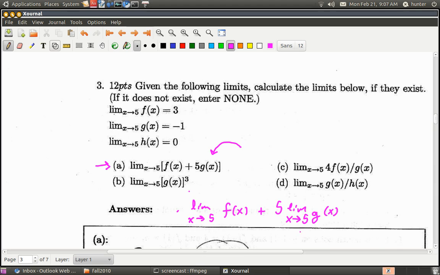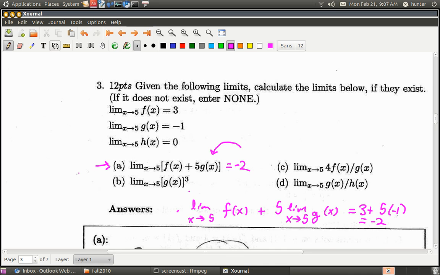Okay, so that means that you can just plug in these things. So f goes to 3 and g goes to -1. So if you do that, you've got 3 plus 5 times -1, and so that comes out to be just -2. Okay, so -2 is the answer to A.